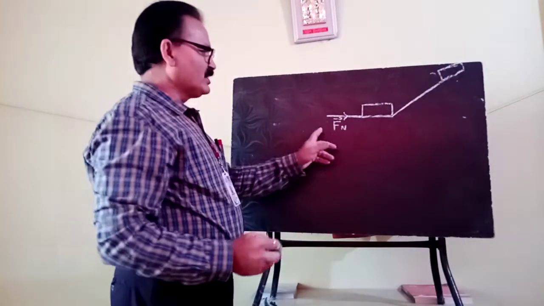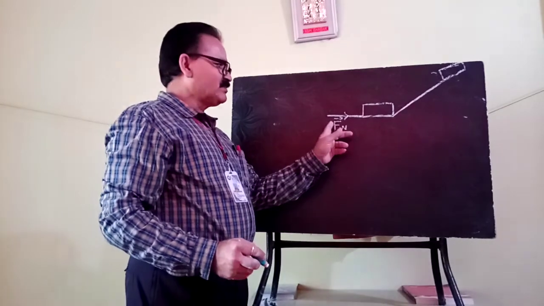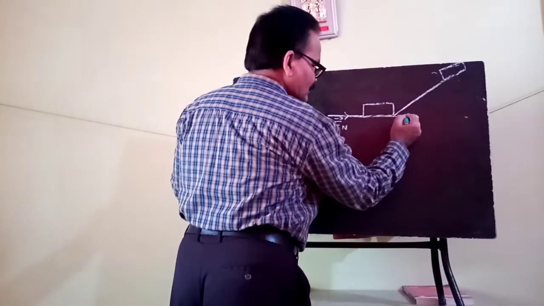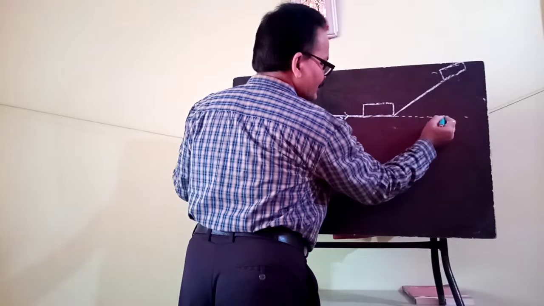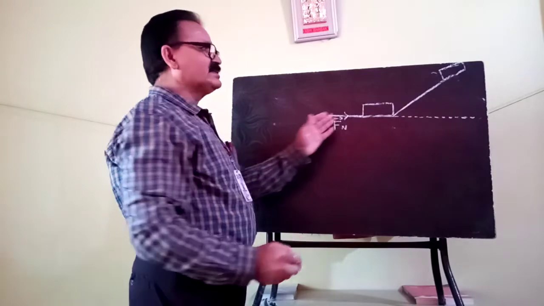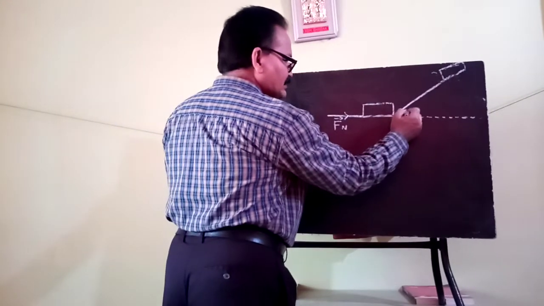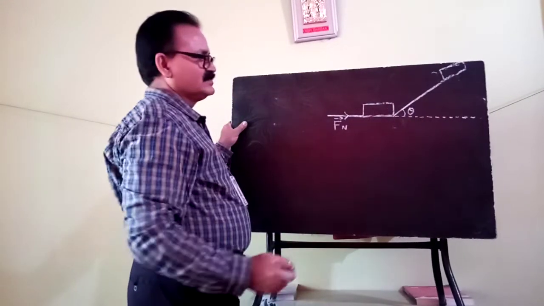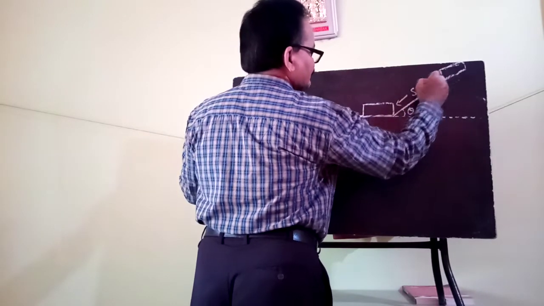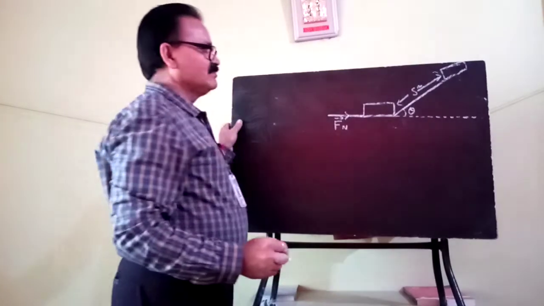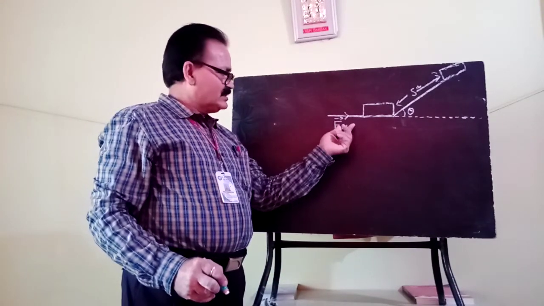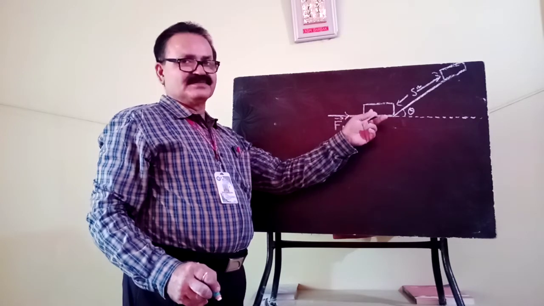Suppose the body is acted upon by a force, and the line of action of force is this one. Okay, and the body gets displaced by making an angle theta. So this is the displacement of the body, s meter, making an angle theta degree with the force applied on this body.